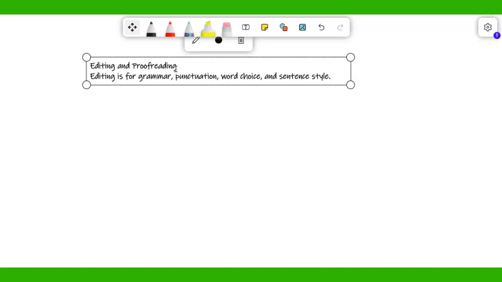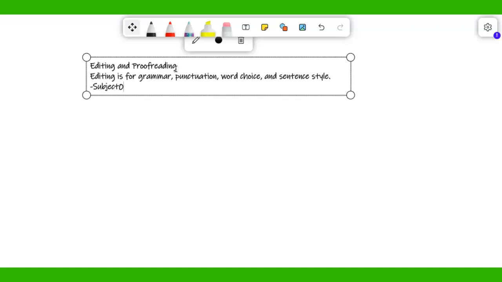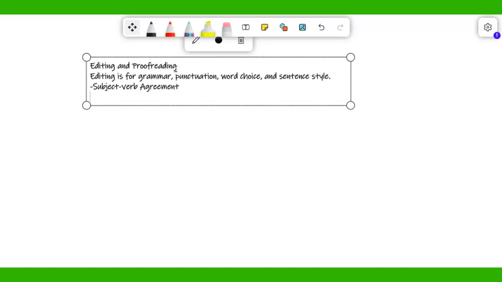A lot of times when we are considering editing, we get a little upset about our information, but we have to make sure that we think about our subject-verb agreement, and we need to think about our pronouns.